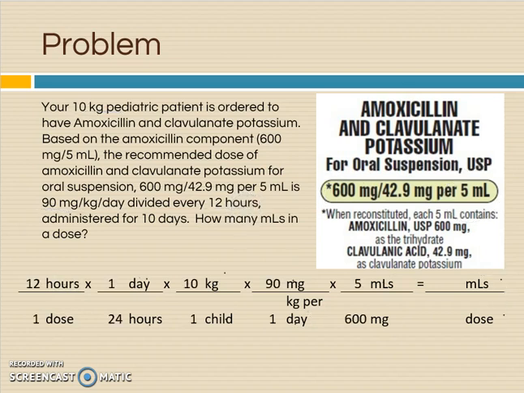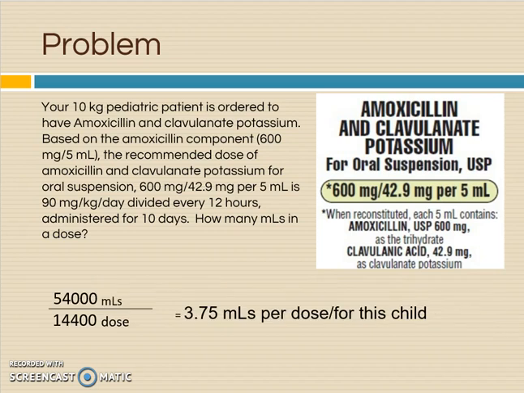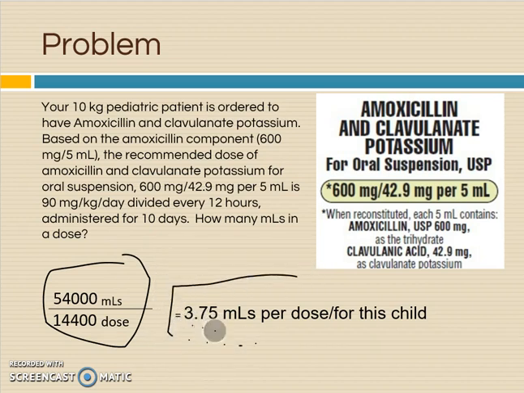So do the math and you plug in all of your numbers and you end up with 54,000 mils and 14,400 doses. Well, that sounds pretty silly, but anyway, here it is. And when you divide it out, you have it, 3.75 mils of this suspension per dose for this child.